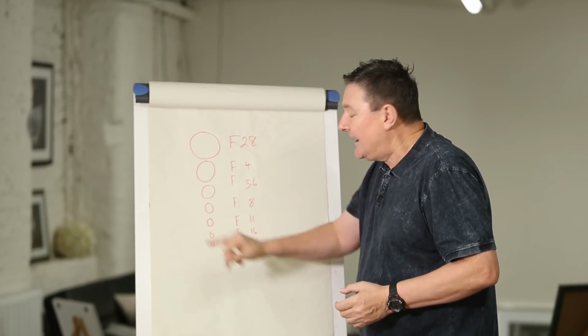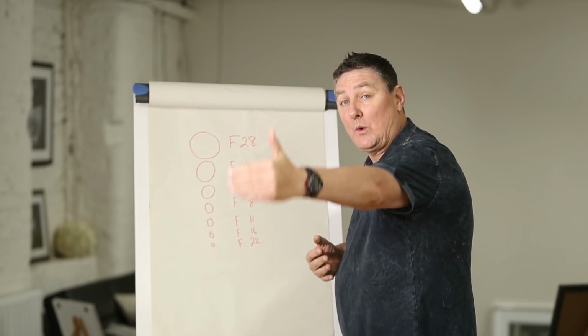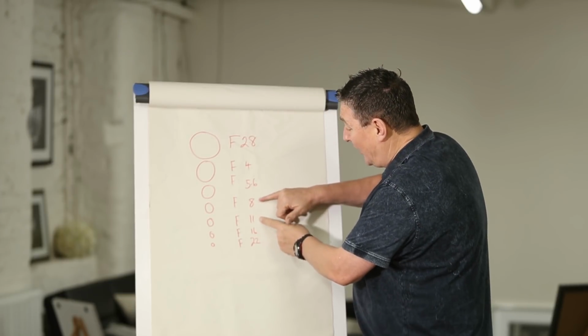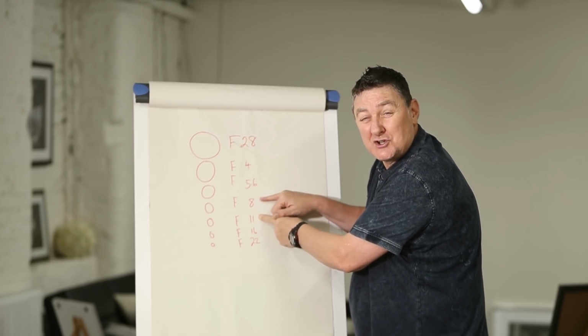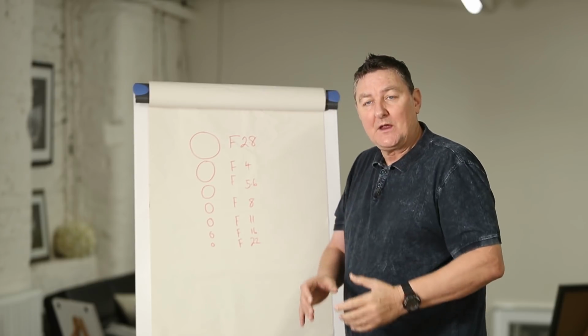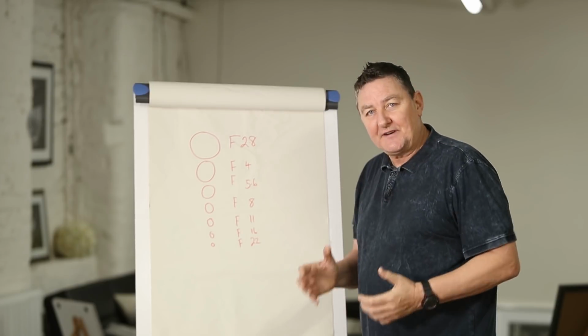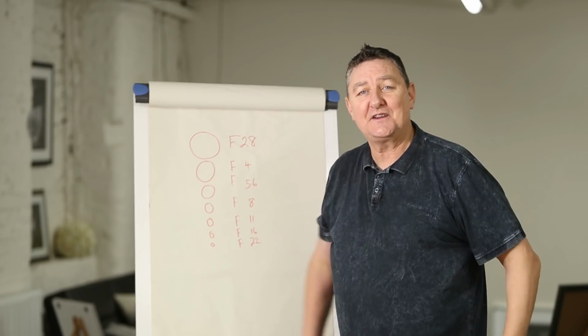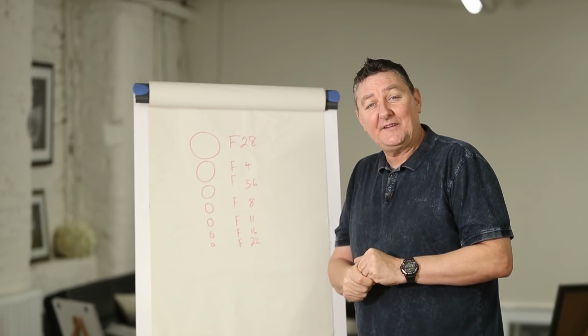But f8 and f11, because the chances are you'll focus roughly a third of the way into the frame, not only will perform better, not only will be probably the sharpest settings within the range of your lens, but because you're focusing so far away on a mountain range, then everything from tippy toes to as far as the eye can see will be in focus at f8 or f11.